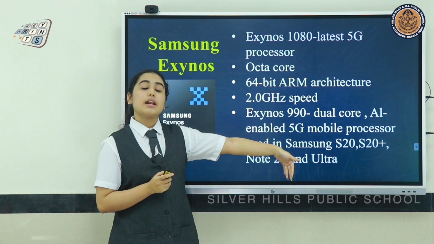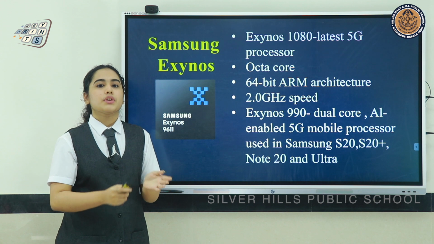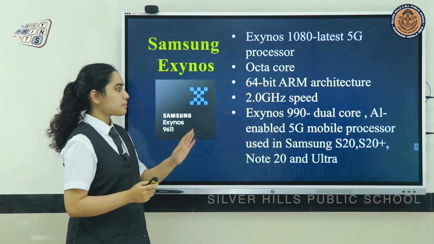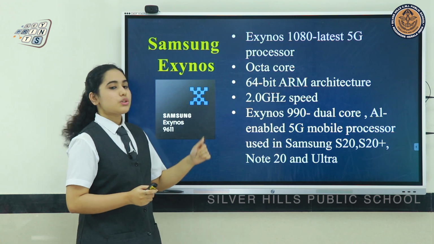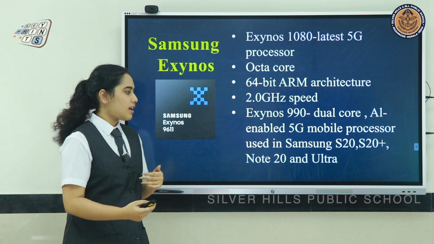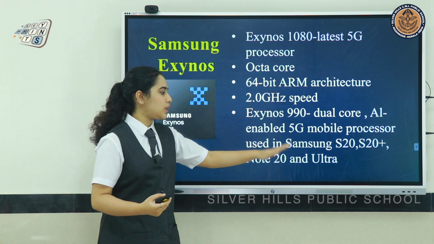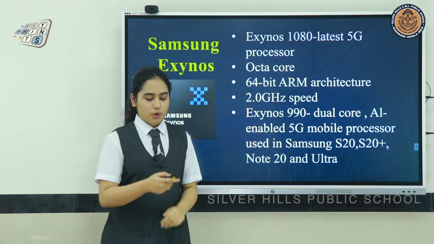What is AL? AL means access list. An access list is a list of permissions for your IT security. So it is AL enabled 5G mobile processors, which is used in Samsung Note S20, S20 Plus, S20 series. Also in Galaxy Note 20 and Note 20 Ultra, they use Samsung Exynos 990 processors.